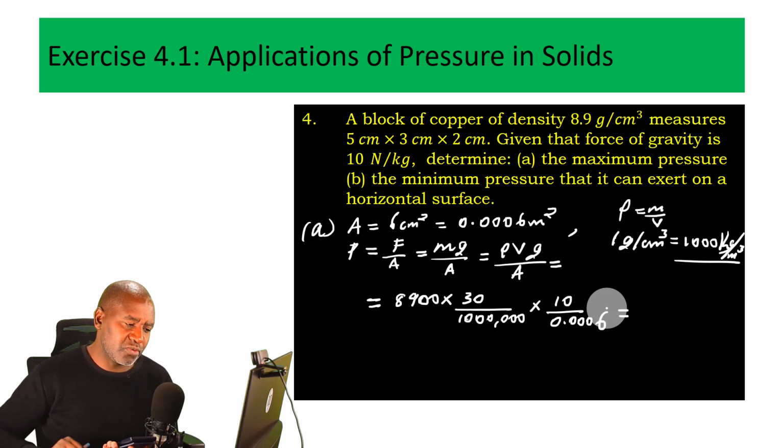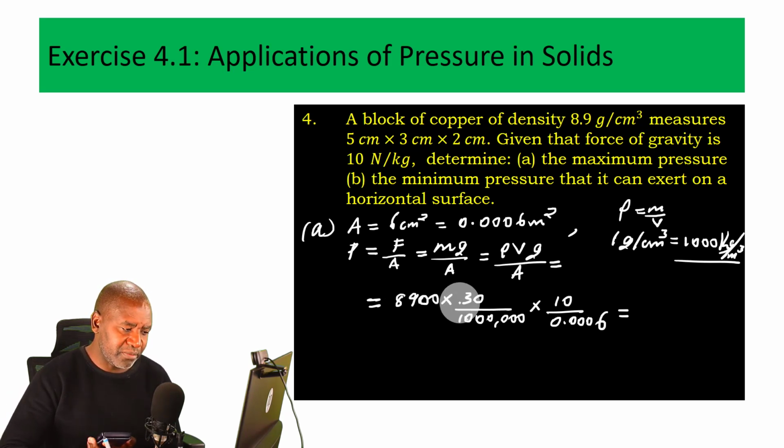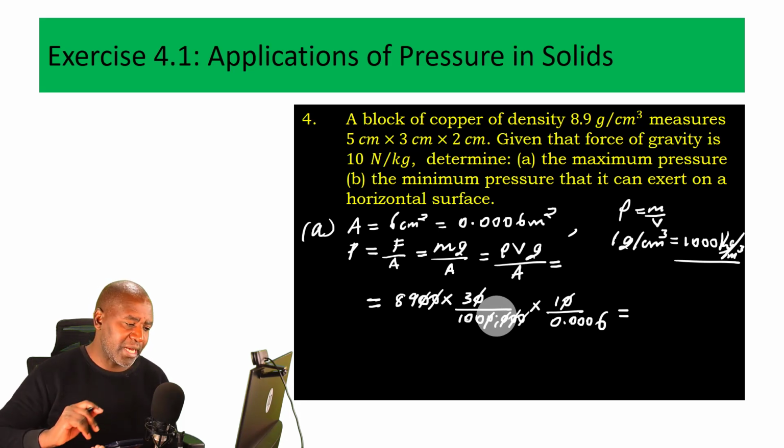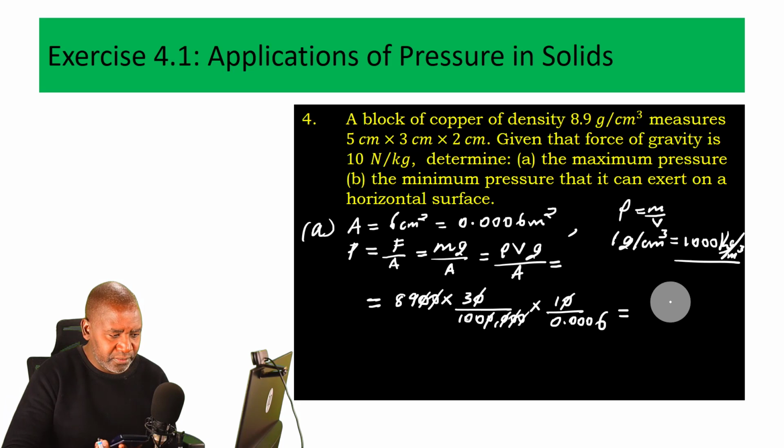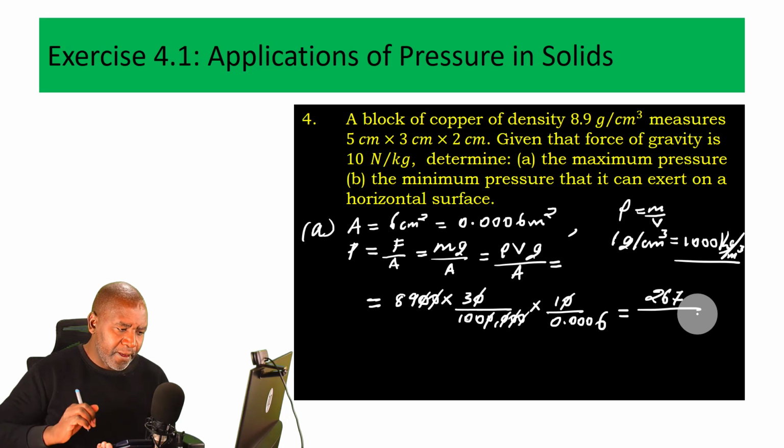So let me just work it out in one step. Of course, I can reduce certain terms, for example, this 0, and this one will cancel with these 2. Then these 2 will cancel with these 2. That makes the number a little bit easier to manage, because I'm going to have 89 multiplied by 3, and that will give me 267. And then I have 0.0006.